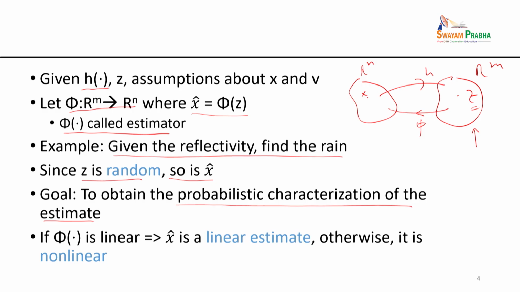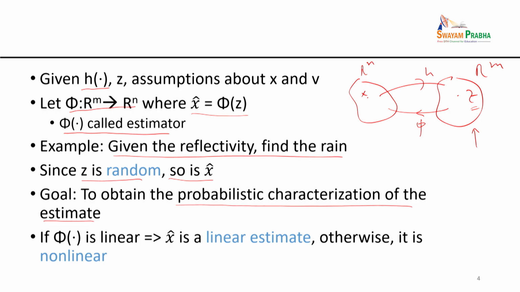For example, if I am tossing a coin, the output is random, head or tail. We say the head can come with probability P and the tail with probability Q, where P plus Q is 1. That's the best we can do. If P is half and Q is half, we say it's a fair coin.